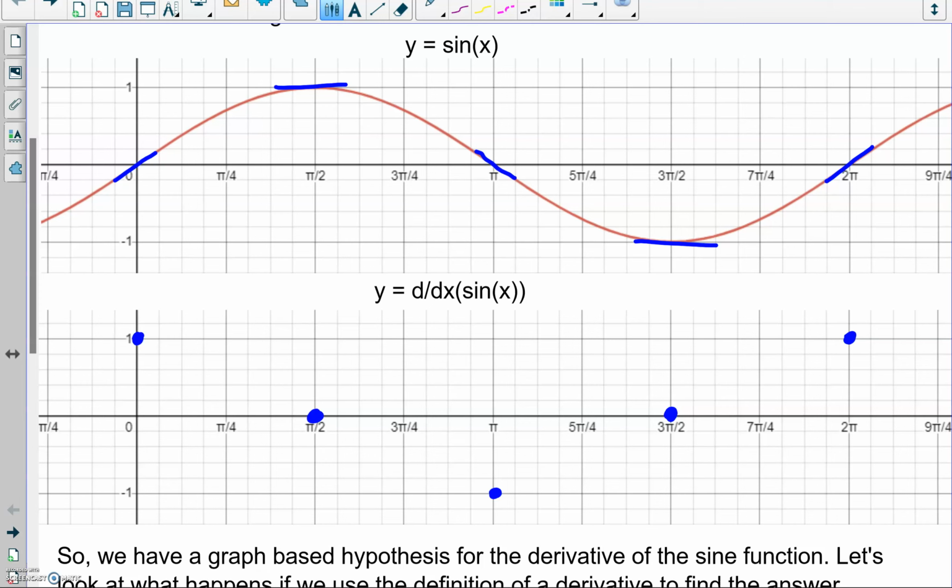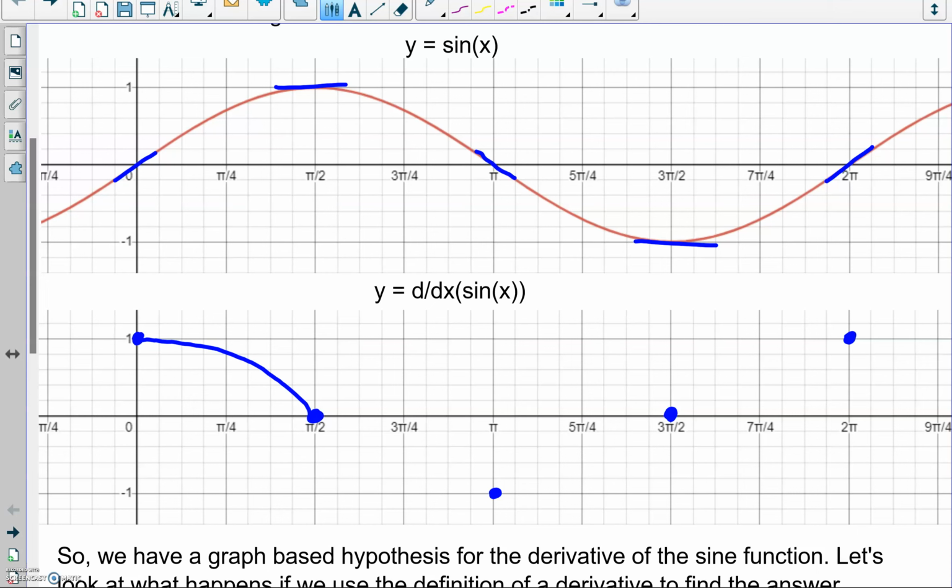So I'm going to draw it staying closer to 1 for a bit, and then tailing off down to that 0 slope. Then between pi over 2 and pi, it's a similar thing except in reverse.